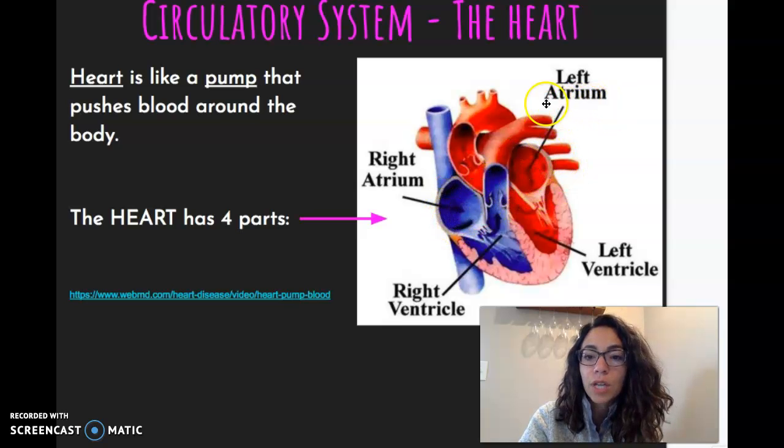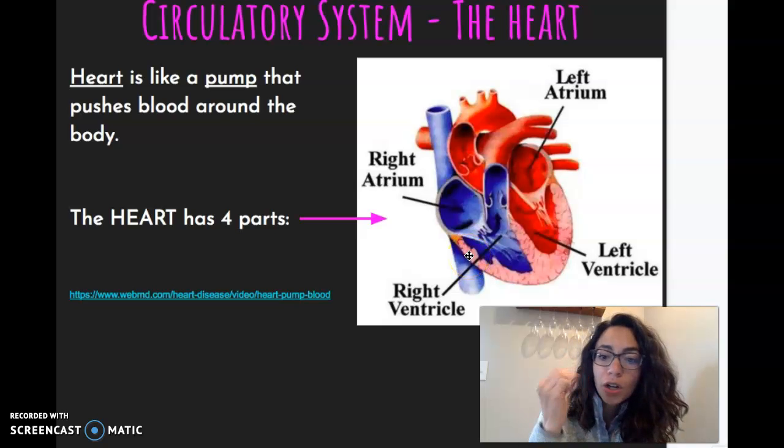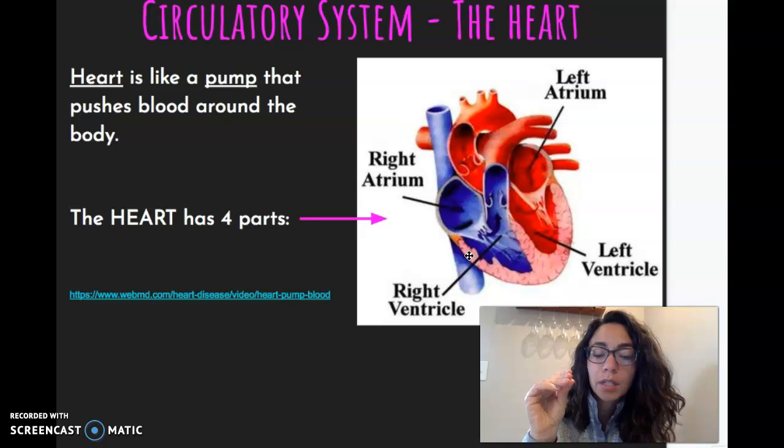Those are called atrium. Atrium is singular, atria is plural. And at the bottom we have 2 larger parts. These are called ventricles. And all around the outside of the heart you can see these walls. Those are actually muscle.